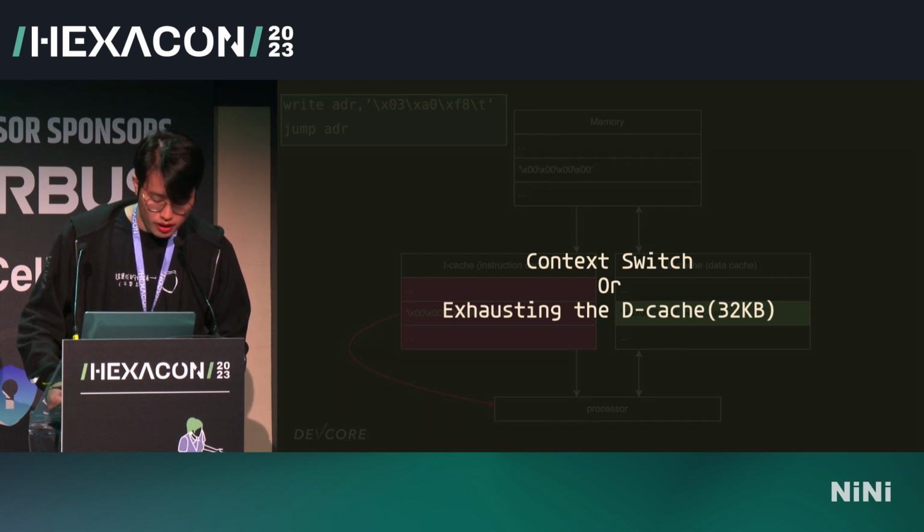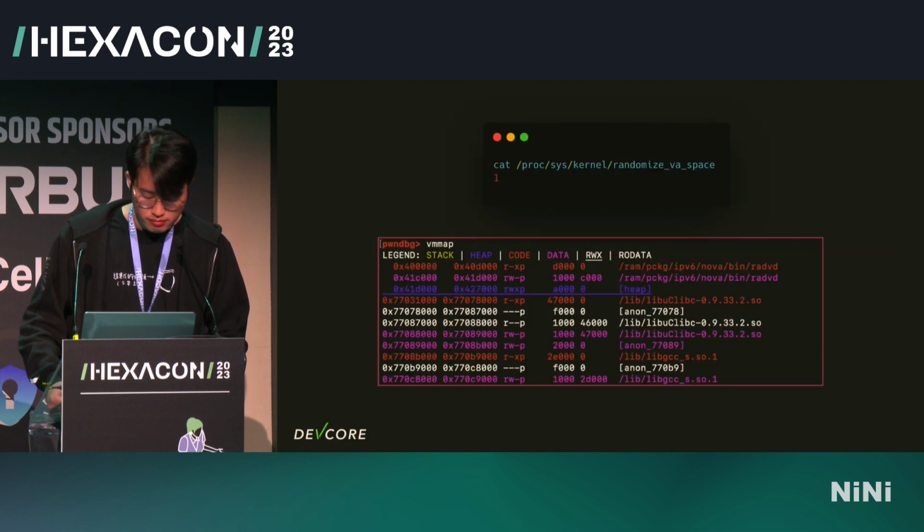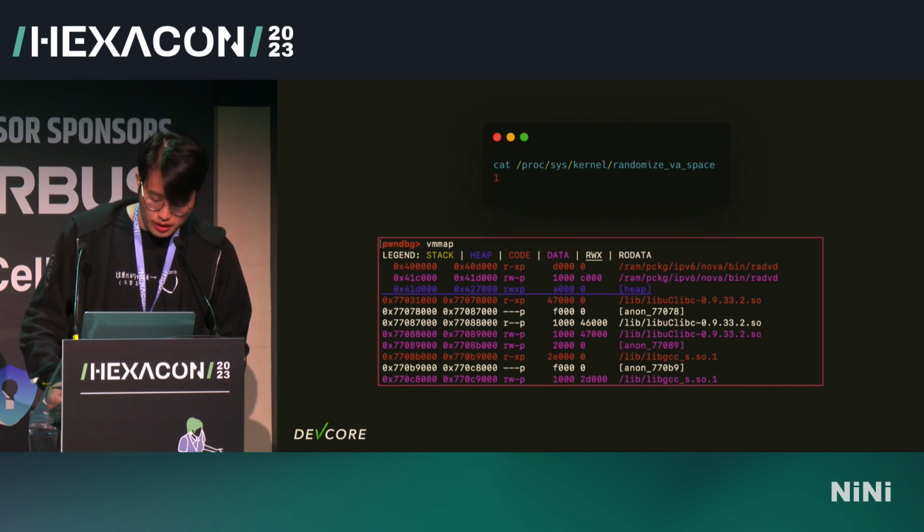So to make our exploit consistently successful, to maximize the chance to win the game, we have to flush the 32 kilobyte D cache. And luckily, the value of randomized VA space of router OS is 1, which means the address of heap is not randomized. The only thing we need to do is some memory allocation to extend the heap and write some gadget on it. But we run out of bytes for shellcodes.